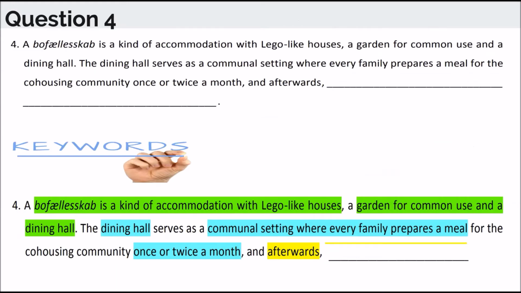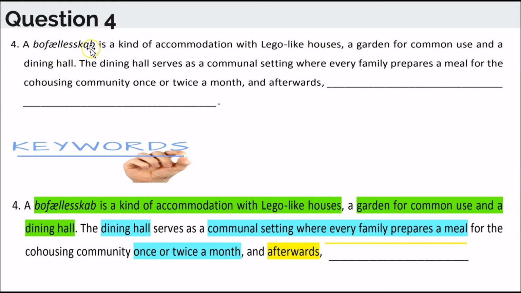For the fourth question, we are again given a definition, a foreign term, Bophelus cab. This is important, right? We need this word to find exact information in the actual paragraph. Bophelus cab is a kind of accommodation with a legal lighthouses, a garden for common use, and a dining hall.